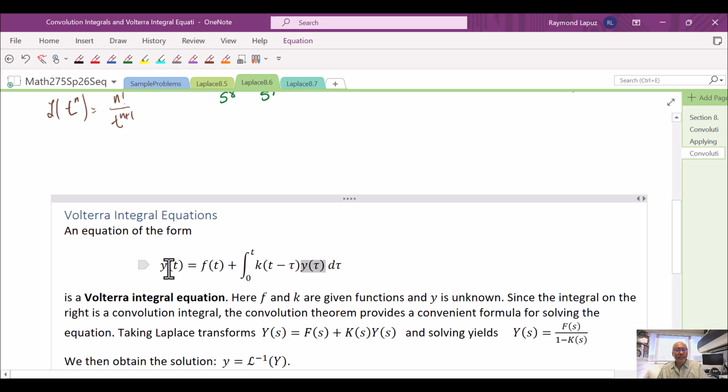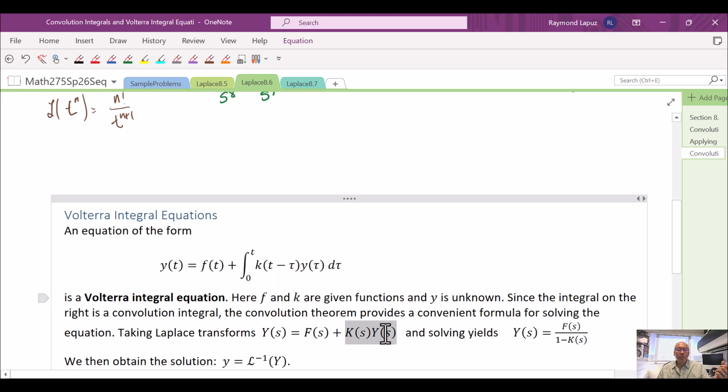The idea is to take this to the Laplace world, and so this is just going to be capital Y, this is going to be capital F, whatever that is. And since this is a convolution, this goes as capital K times capital Y in the Laplace world.